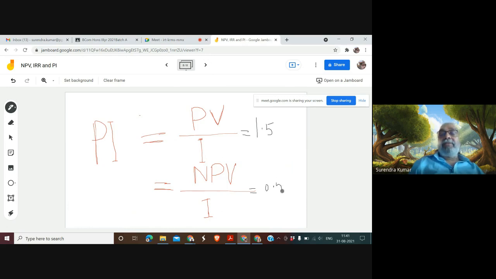So we will deduct 1 from the profitability index ratio, which is calculated using present value over investment, and we get net present value over investment, or you calculate it directly. When you calculate it directly, you are saying 1 lakh divided by 2 lakhs, or 3 lakhs divided by 2 lakhs, or 1.5 minus 1, so you get 0.5. So these are the different ways that you could calculate profitability index.